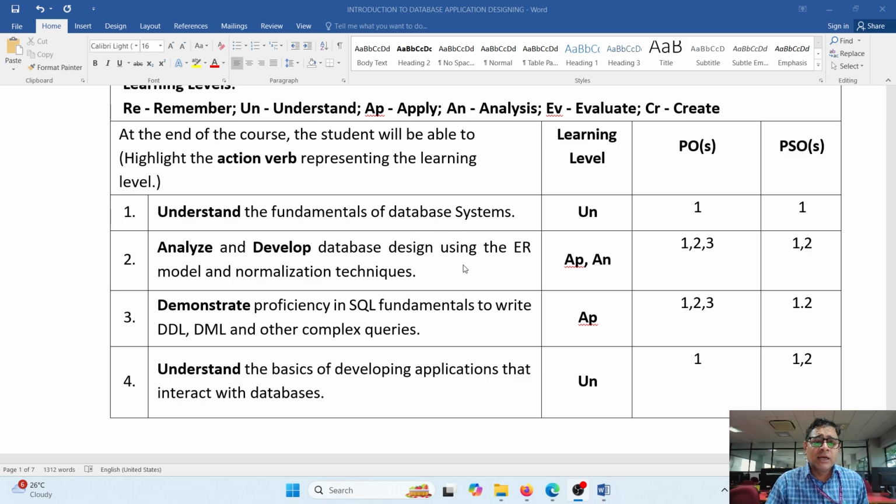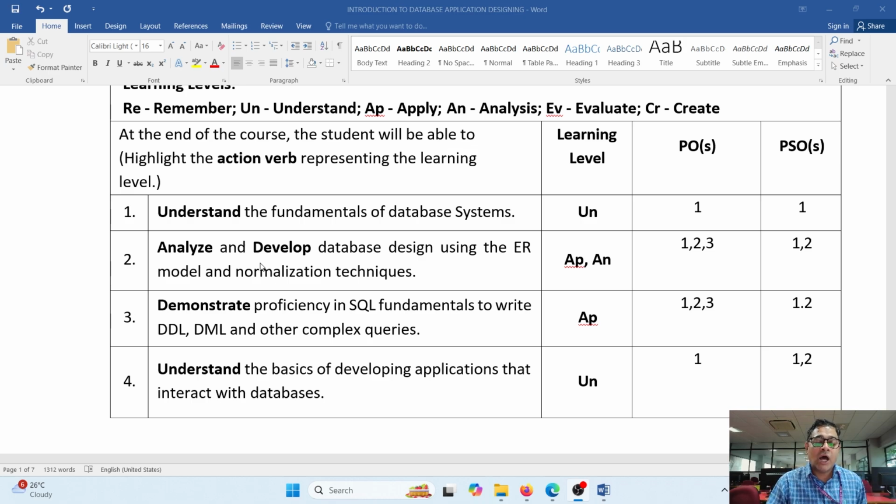The second outcome is that you'll be analyzing a scenario. A real time application, a real time example, will be given to you, and you're going to analyze it with respect to the fundamentals that you have learned. You will be designing an ER diagram and applying normalization techniques.